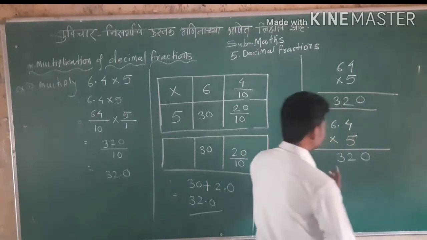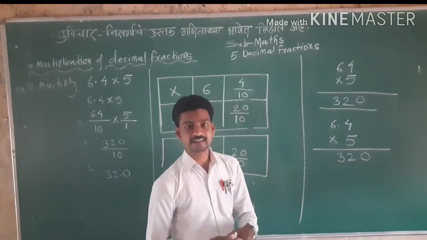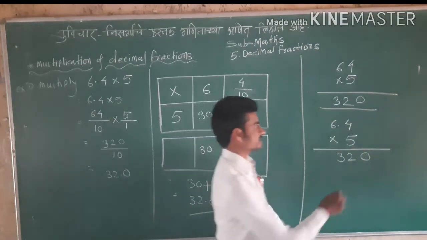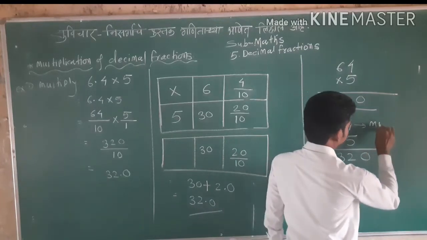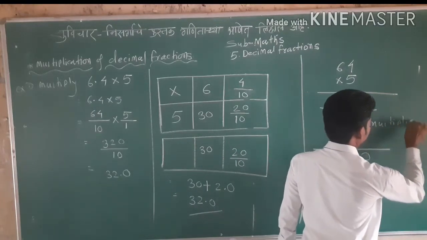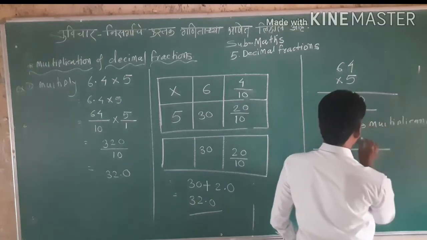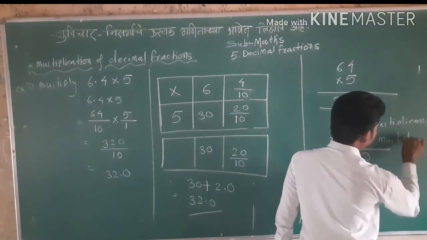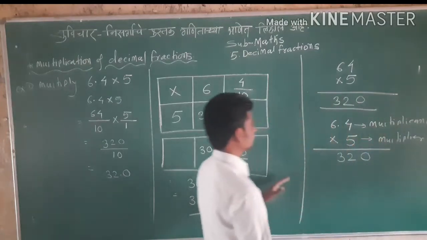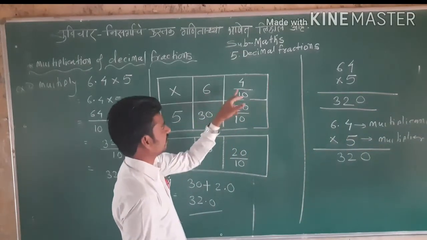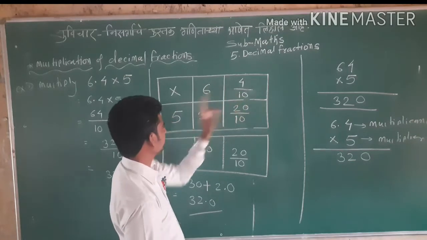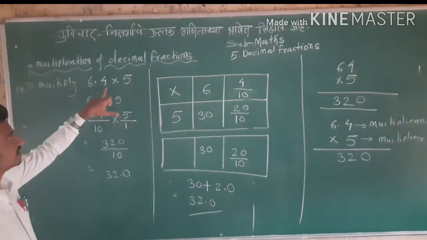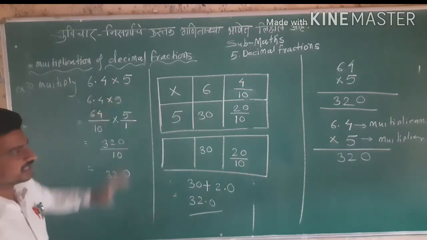Now we get the product 320. The first number, 6.4, is said to be the multiplicand, and the other number is said to be the multiplier. Same as here, 6 and 4 upon 10 is the multiplicand and 5 is the multiplier. Here 6.4 is the multiplicand and 5 is the multiplier.